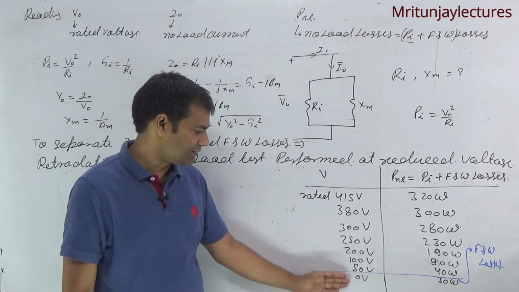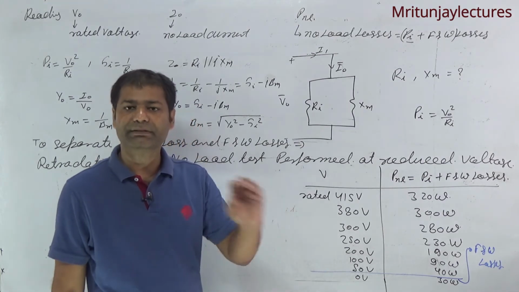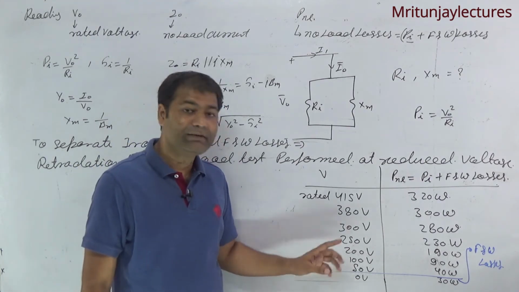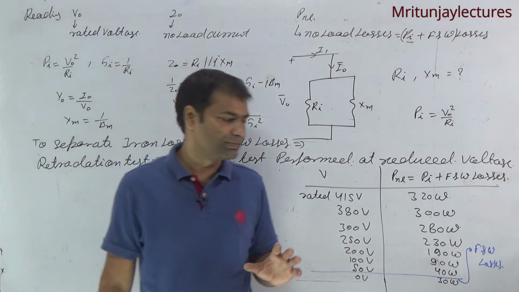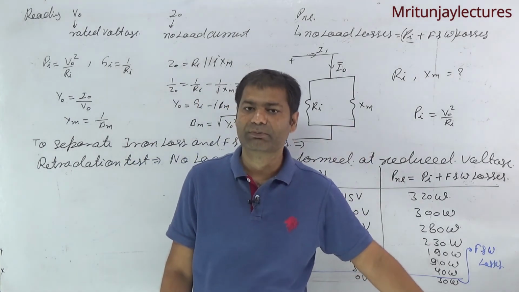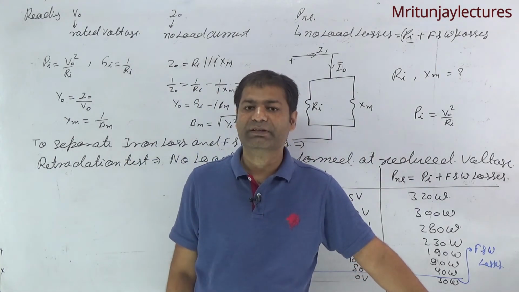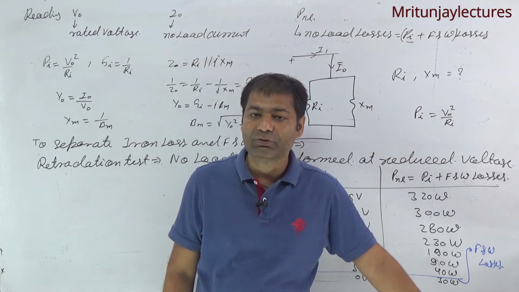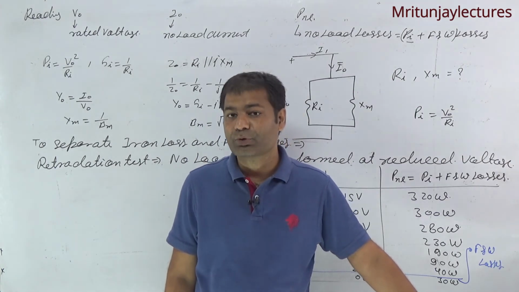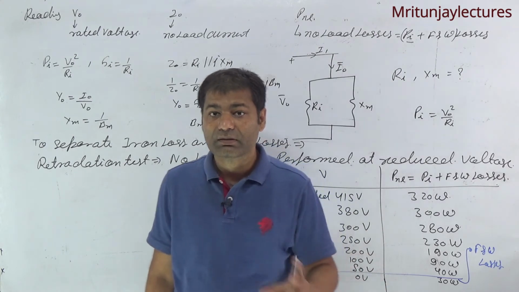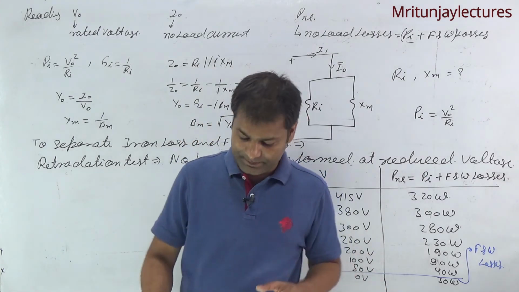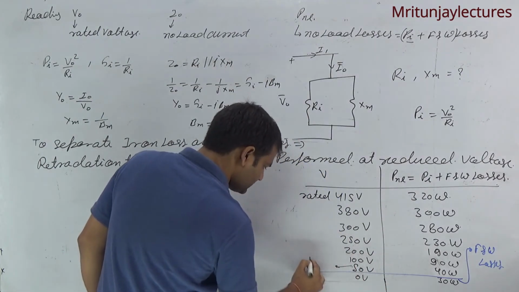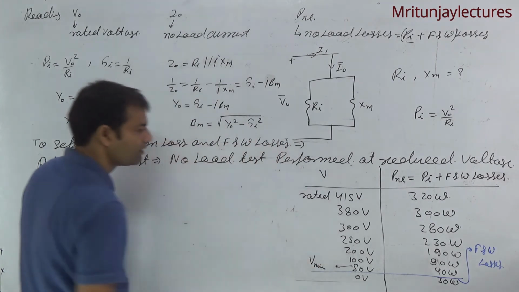Theoretically it is done like this, but practically, suppose that 50 volt is applied and the voltage is reduced below 50 volt, then the wattmeter does not read any value. Why? Because the motor is not running. Okay, this is the minimum voltage.